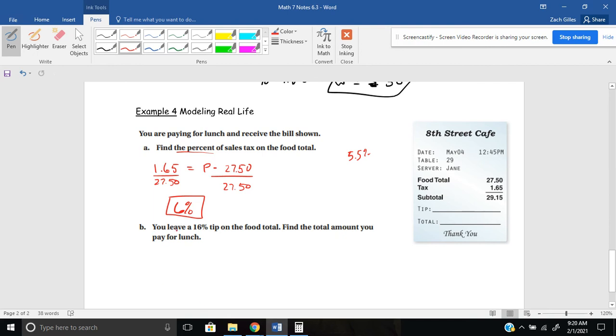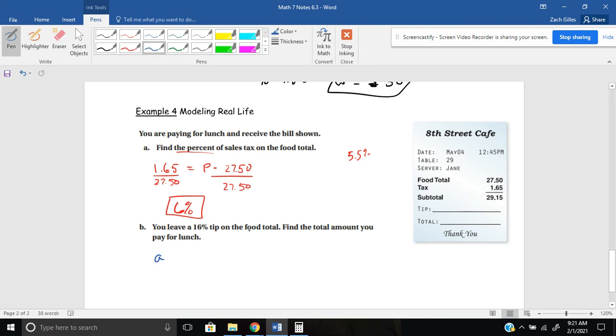Letter B says you leave a 16% tip on the food total. So we see that our food total is $27.50. You tip 16% of that to your server. Find the total amount you pay for lunch. Okay, so we've got part equals, so we're going to look for the part then.